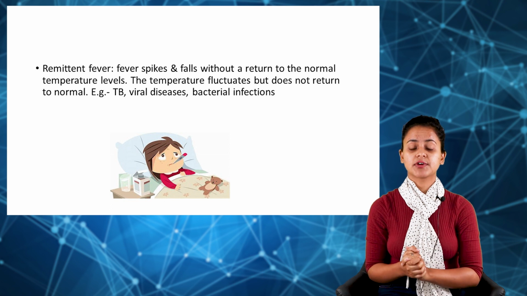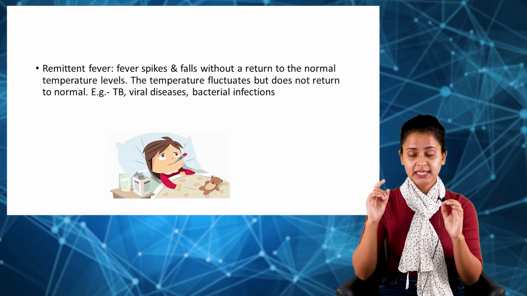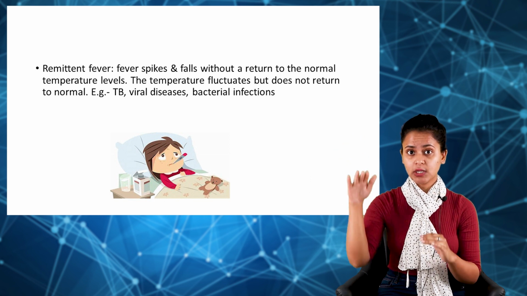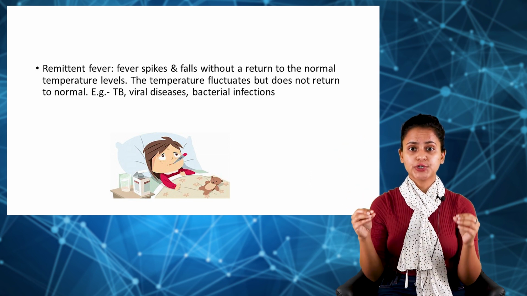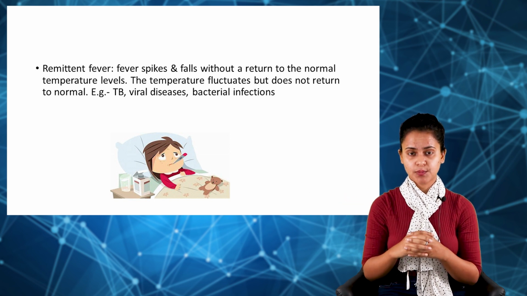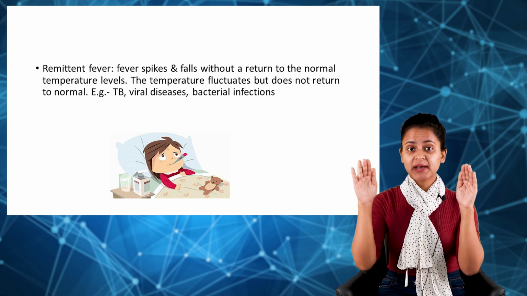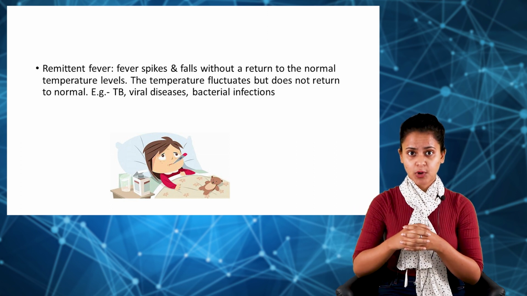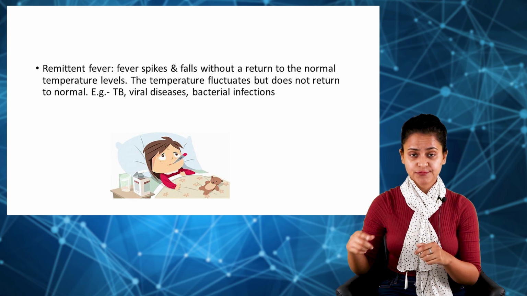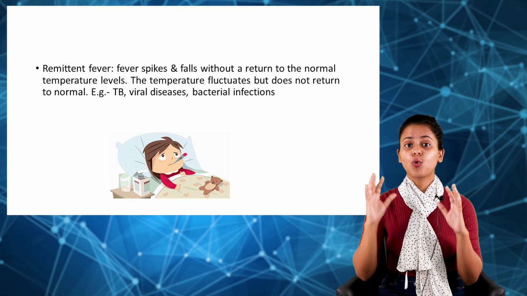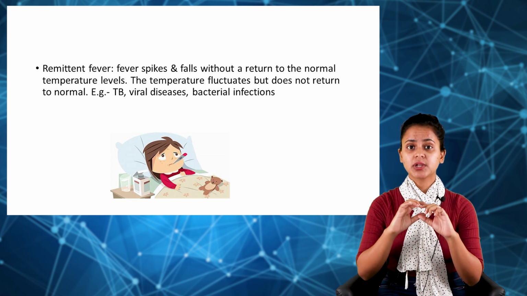In this fever, the temperature will reach its peak and then fall, but not to the acceptable or normal range of body temperature. So the body temperature will be fluctuating. It will reach a peak, then fall down, but it won't reach the acceptable range.